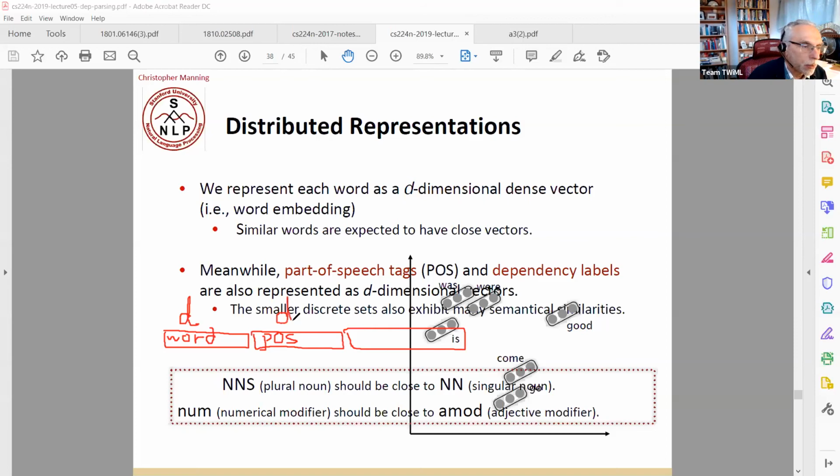It seems like there's only a few dozen parts of speech, maybe even less. And then this is the dependency label. So they end up with a 3D-dimensional vector because they concatenate these together.